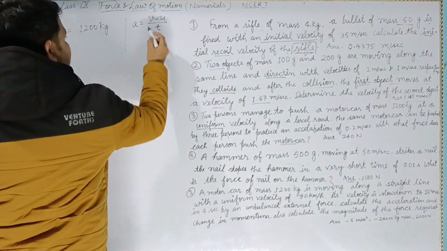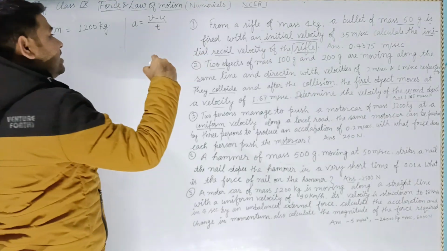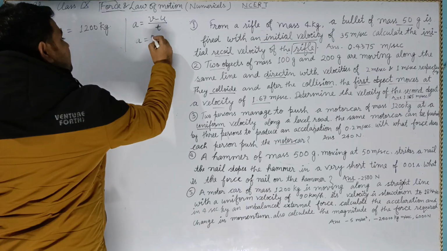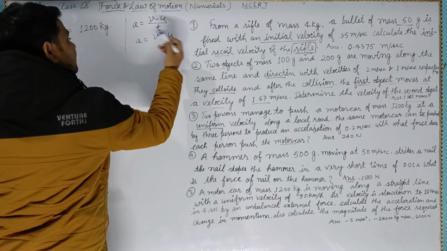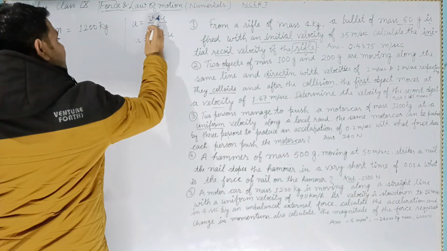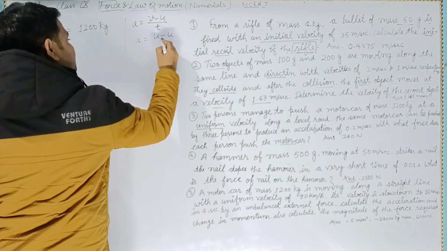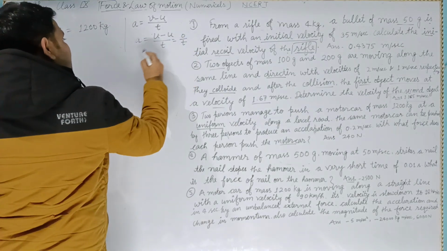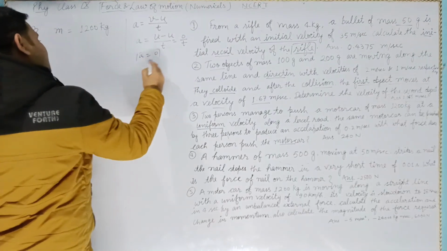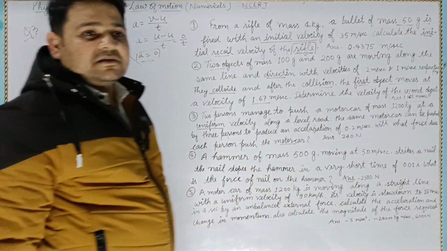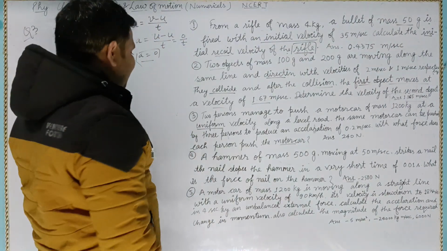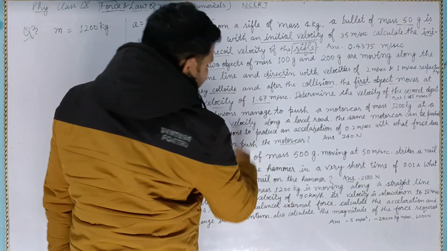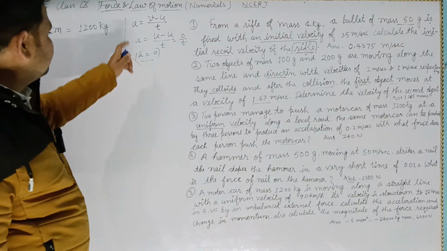In this situation, v is equal to u, so a is equal to v minus v upon t, which is 0. When the object travels with uniform velocity, its acceleration is 0.